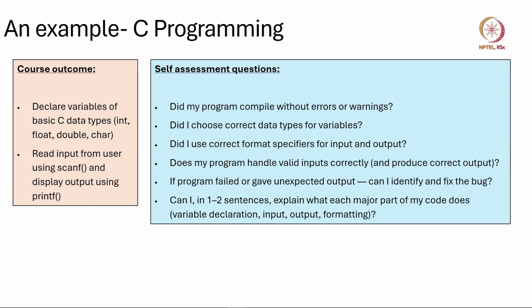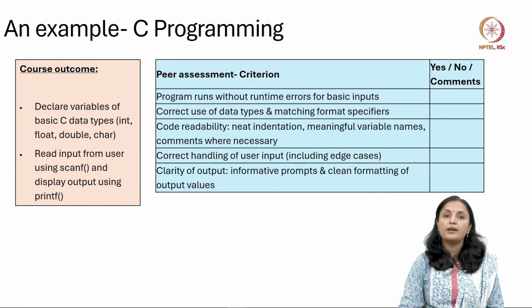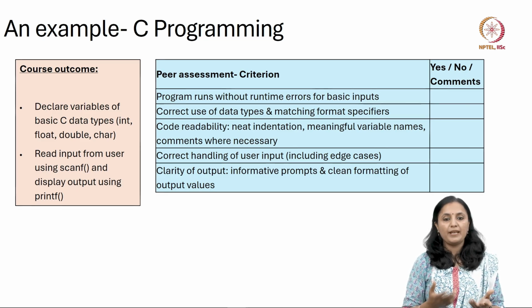Also, in addition to self-assessment questions, there can be a few questions for peer assessment. When peers are reviewing, there is a dual benefit of peer assessment: less work for the faculty, and students are also more aware of the expectations. So, you can have questions like: the program runs without runtime errors for basic inputs.